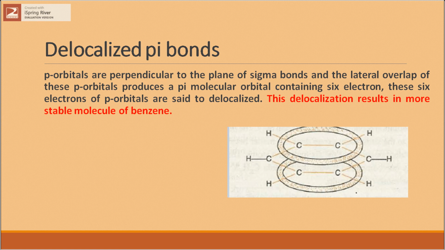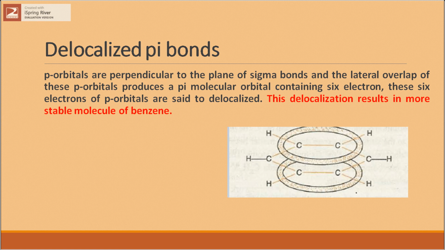Also, each carbon atom in benzene possesses an unhybridized p orbital containing 1 electron. These p orbitals are perpendicular to the plane of sigma bonds, and the lateral overlap of these p orbitals produces a pi molecular orbital containing 6 electrons.